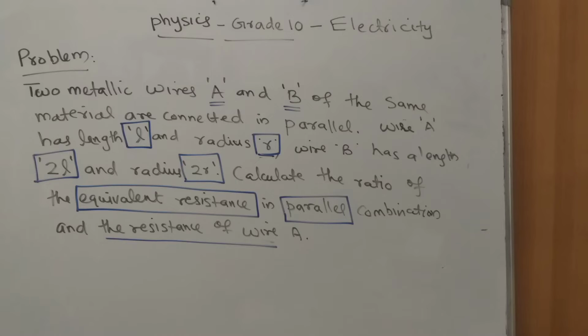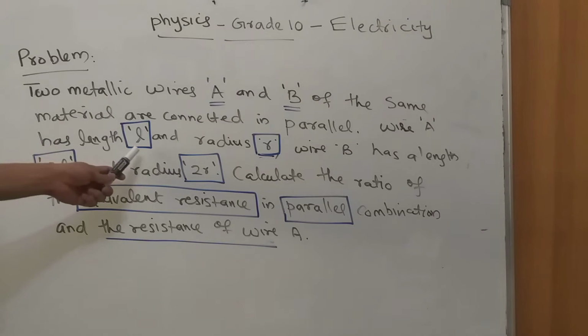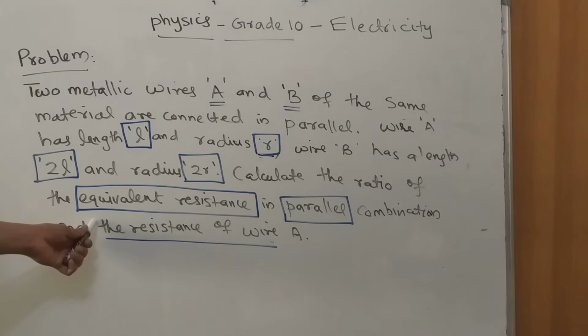Before we start solving this particular problem, let us try to analyze the problem. What we understood from the problem is that there are two wires: A, whose length is L and radius is R, and the other wire, B, whose length is 2L and radius 2R. What the examiner wants from you is to find the ratio of the equivalent resistance in parallel, which means that A and B are connected in parallel.